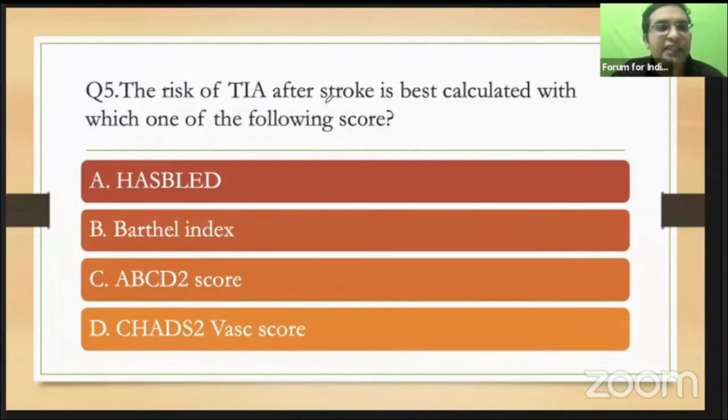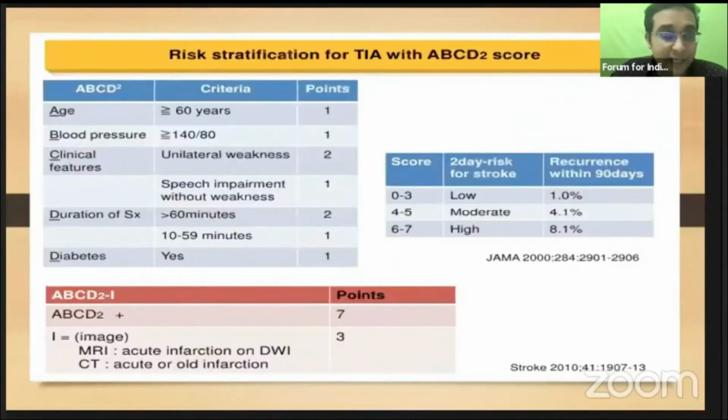So basically, for TIA alone, usually the scoring is the ABCD2 score. HAS-BLED scoring is used in bleeding. Barthel index is another way of grading stroke disability along with NIHSS. And CHA2DS2-VASc we have already described.